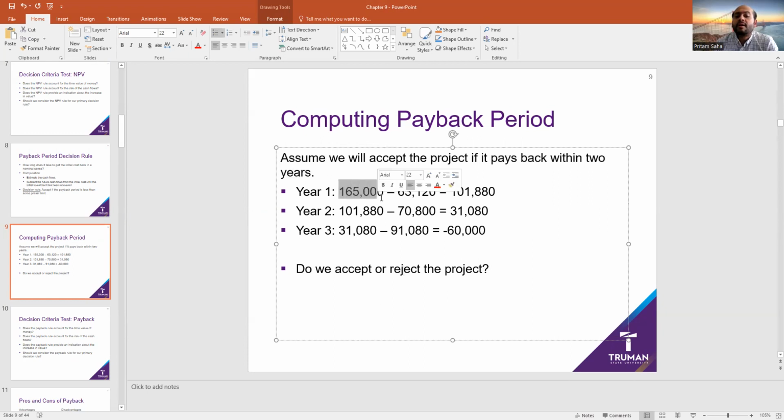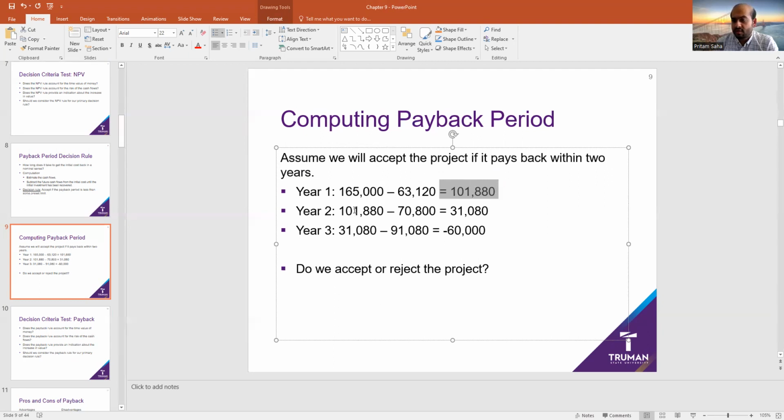End of year 1, we are getting $63,000, right? Our initial investment was $165,000, so we deduct this much. End of year 1, we still need to recover $101,000 of the initial investment.